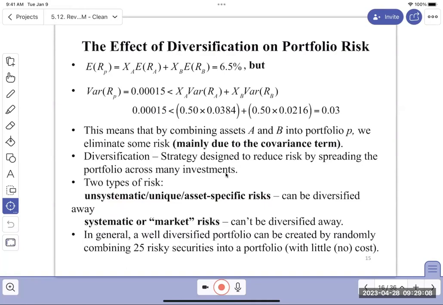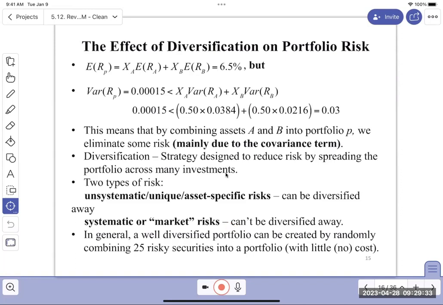There's still remaining volatility attributable to market risks. So as a result, we focus on the relationship between an asset's returns and its correlation with market returns, right?